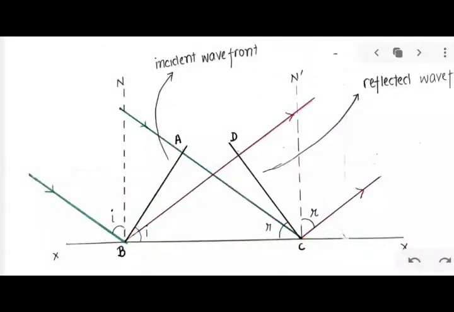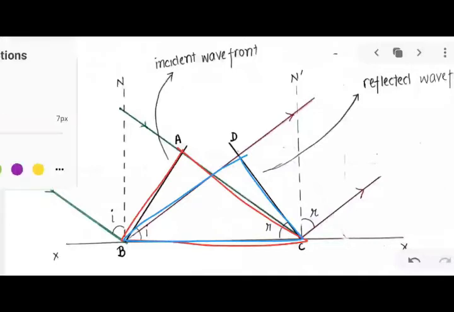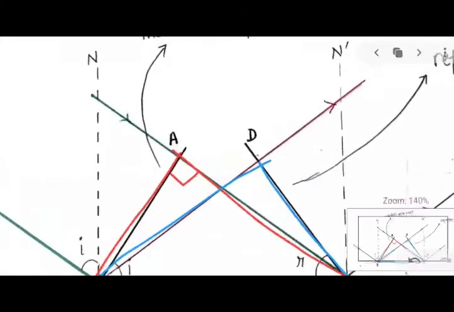Now, consider your triangle ABC and your triangle DBC. In this triangle, consider this angle.